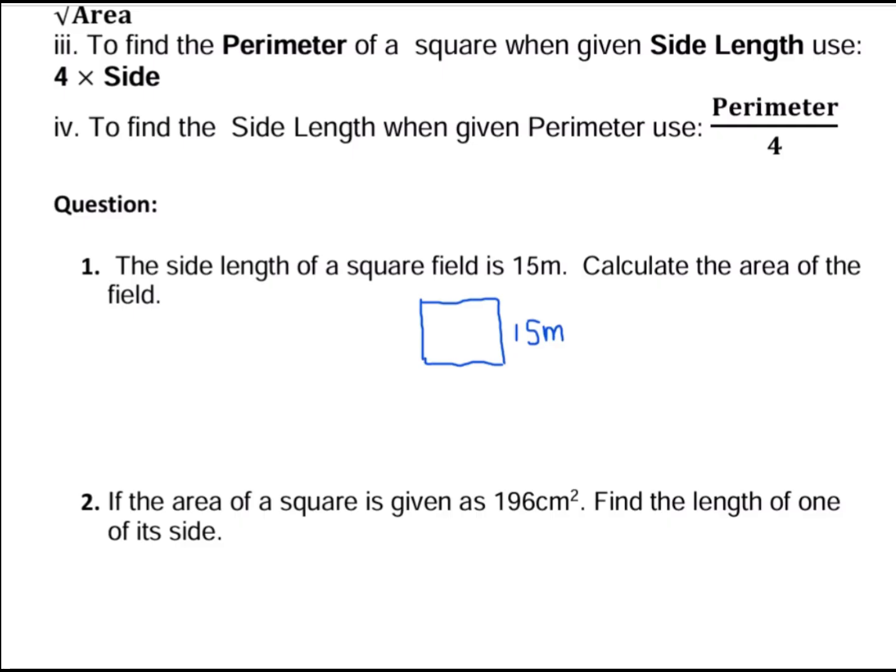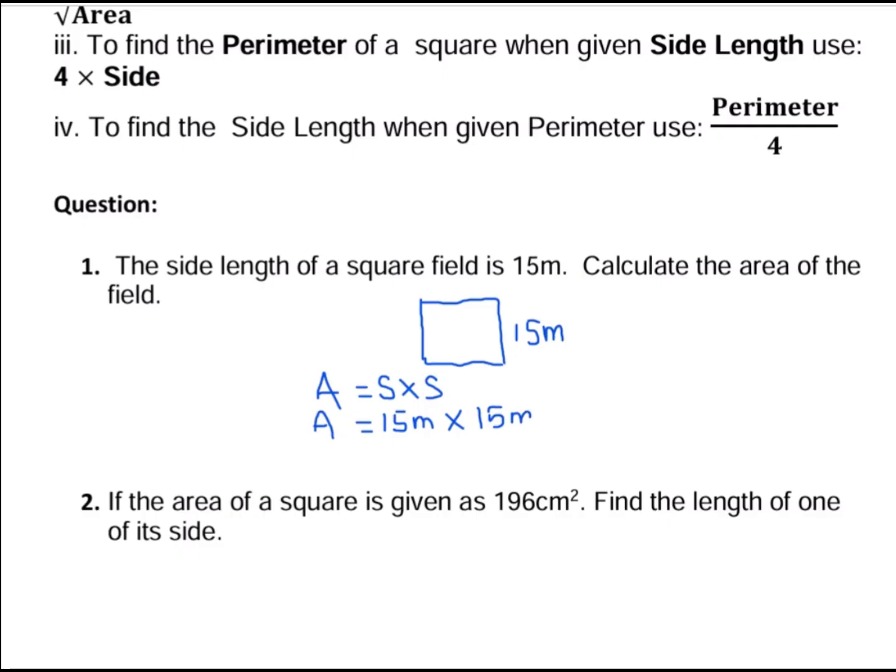So the area equals side times side. So we're told that the side length is what? 15 meters. So I'm writing 15 meters times 15 meters.